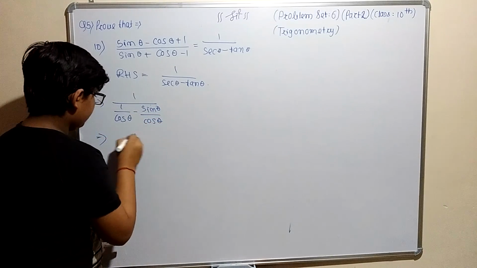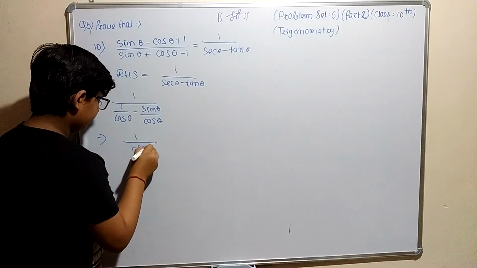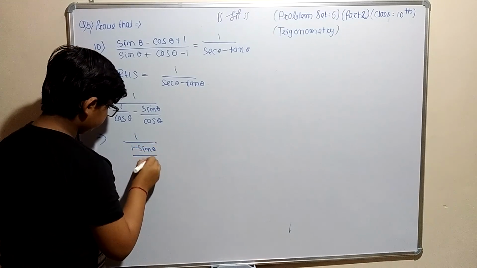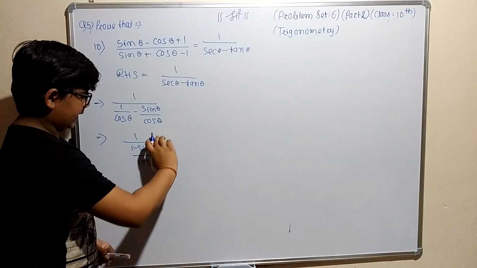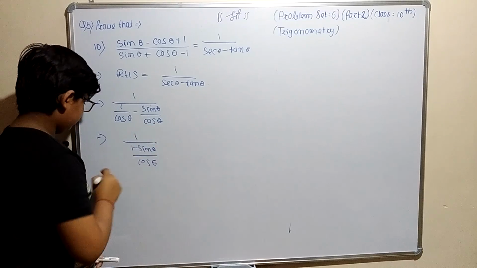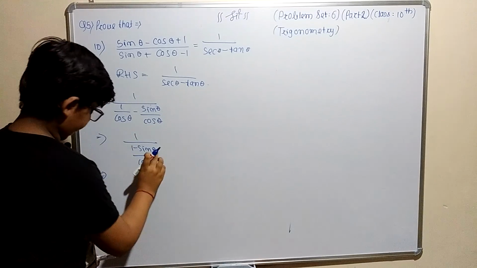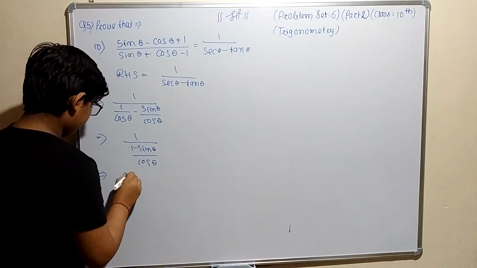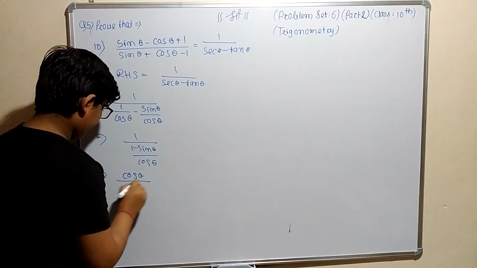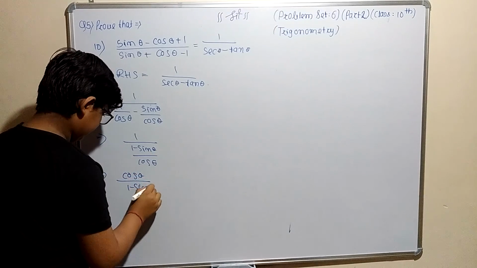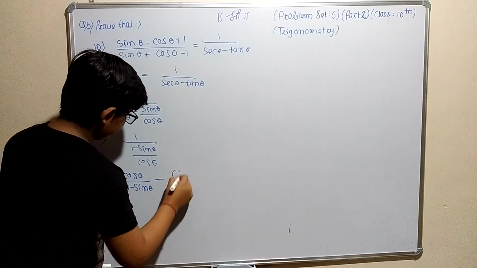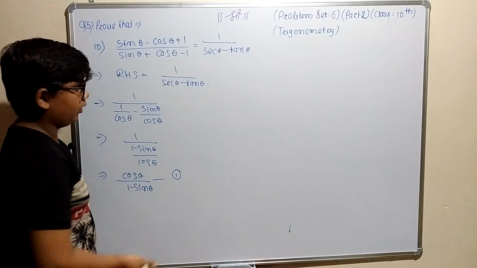So it will be equal to 1 by 1 minus sin theta divided by cos theta. Take its reciprocal, so it will be cos theta divided by 1 minus sin theta. Consider this as equation 1.